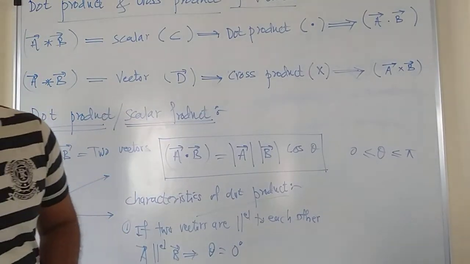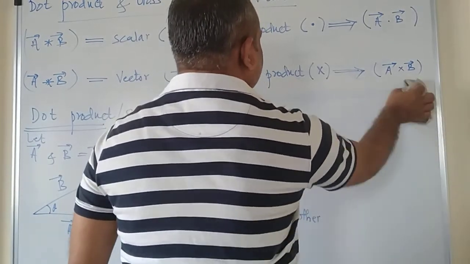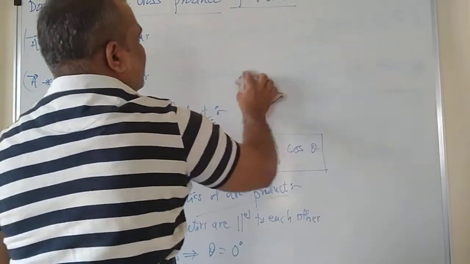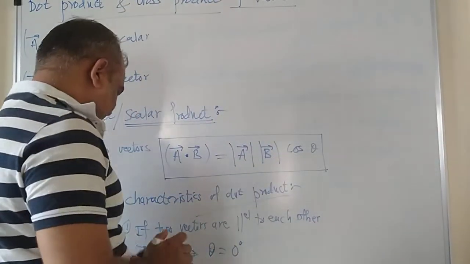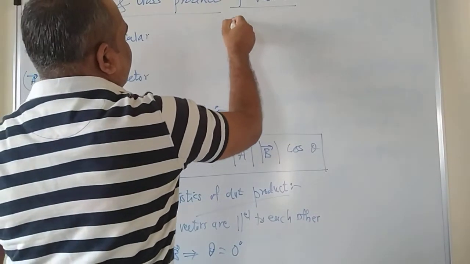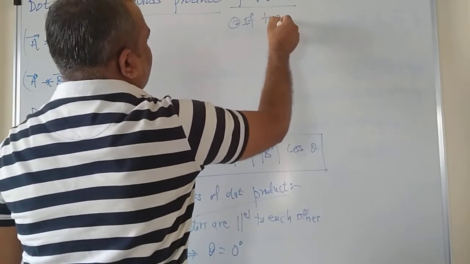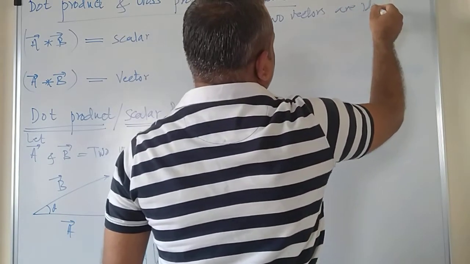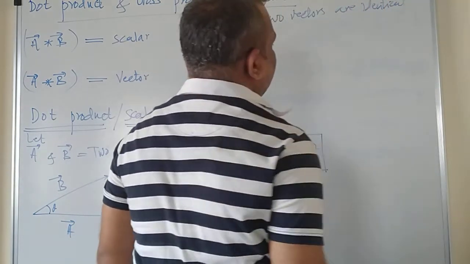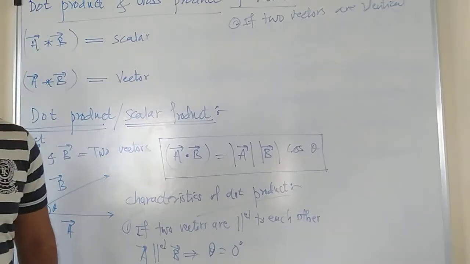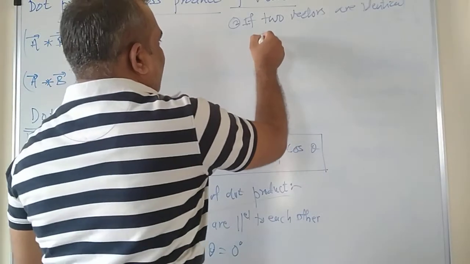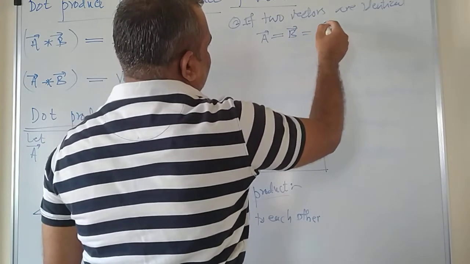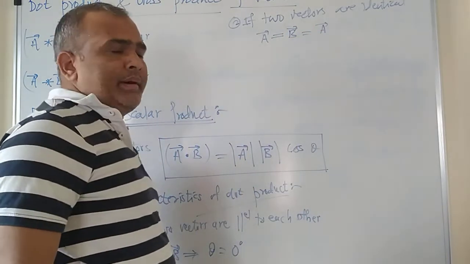Now the second characteristic: if the two vectors are identical, then what? If two vectors are identical, that means the vectors a bar and b bar are equal. Let us say this vector is equal to a bar.